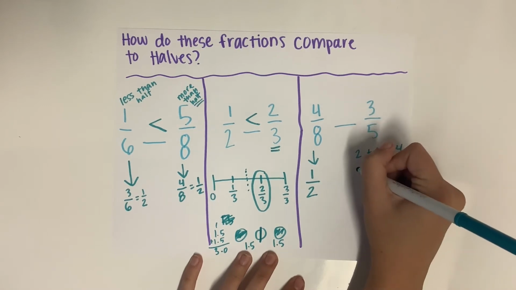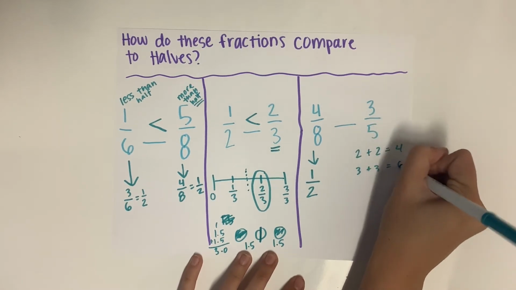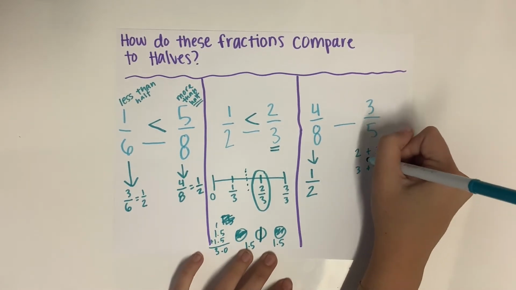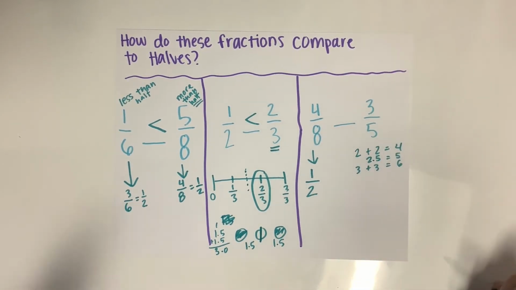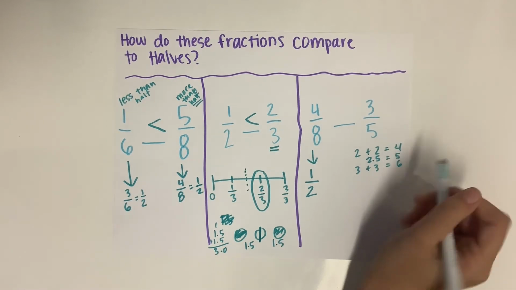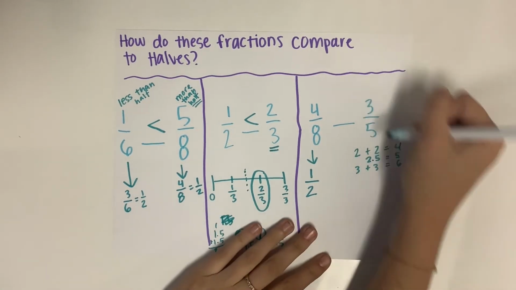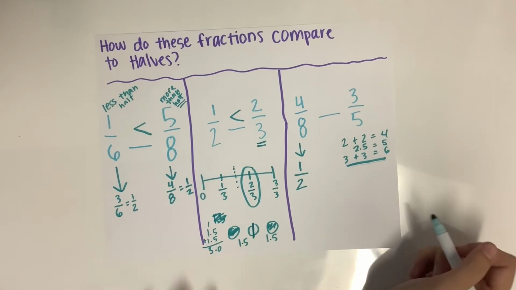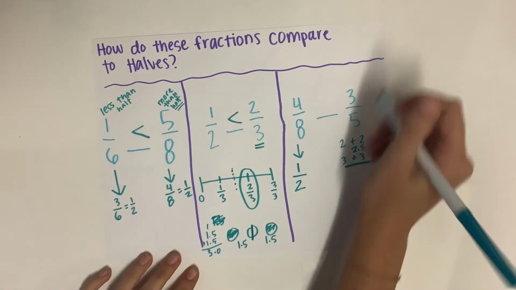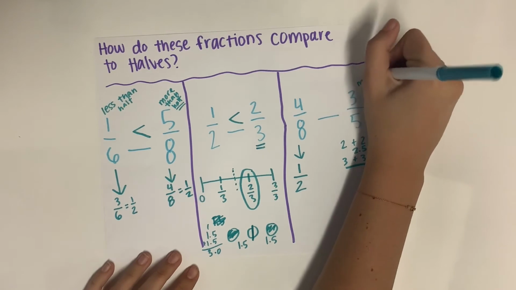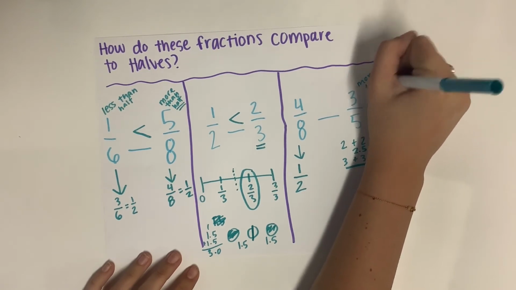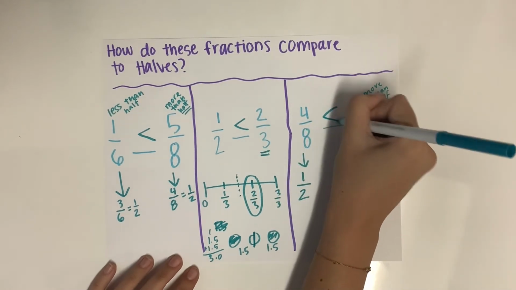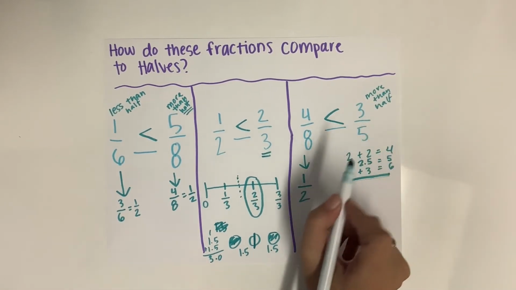I know 3 plus 3 makes 6. So whatever's halfway would be 2 and 5/10, which would make 5. I know that 3 is more than halfway to 5, because if 3 and 3 make 6, then that's bigger than 5. So because this is more than half, and this is exactly half, again, 4/8 is less than 3/5.